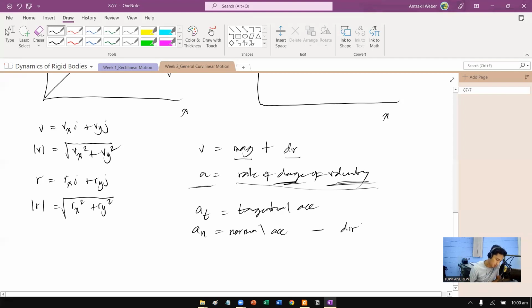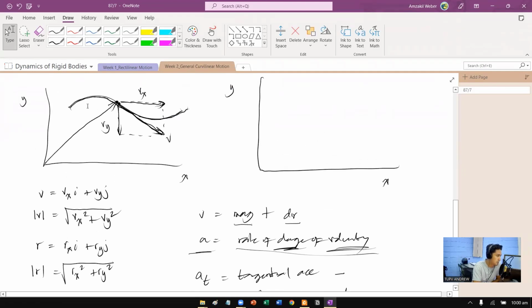Tangential acceleration is responsible for the change in speed. In this case, our path is curved. Let's say our speed is constant. Then there is a change in direction, therefore there is normal acceleration, even though the speed along the path is constant.